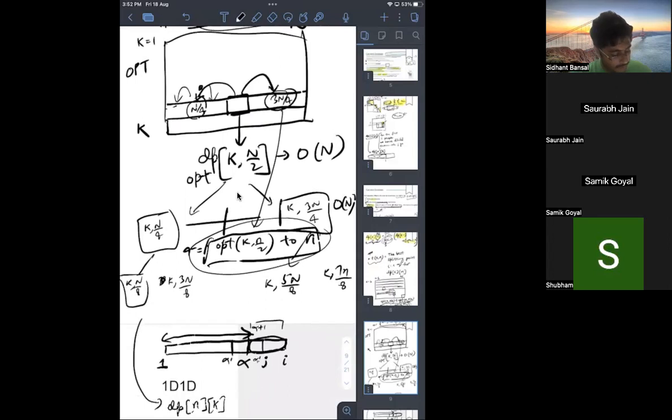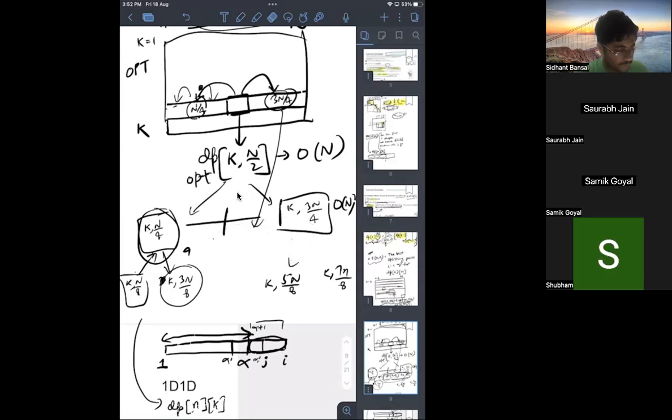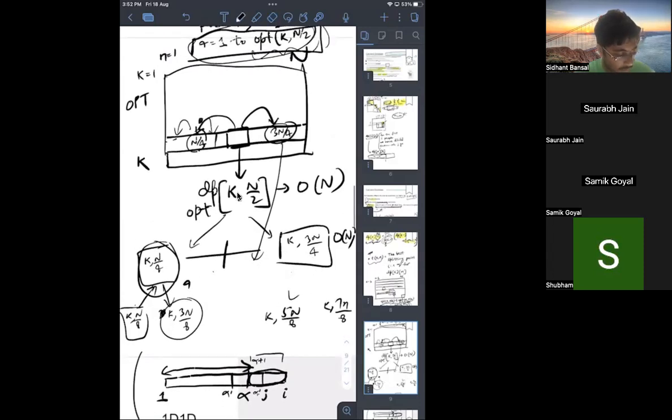And each of them will be bounded: k n by 8 will be upper bounded by the opt of this guy. K 3n by 8 will be lower bounded by the opt of this guy, but upper bounded by the opt of this guy, and so on. Okay, not 3n by 4, my bad. 3n by 8 is somewhere here on the number line, right? Here. So it will be upper bounded by k n by 2.